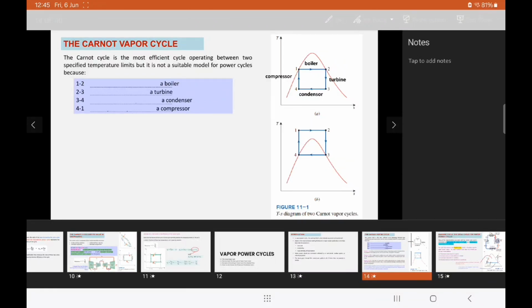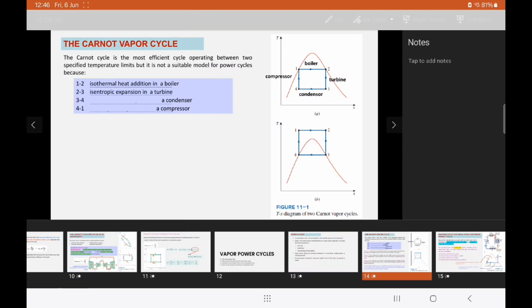Okay, let's look at Carnot vapor cycle. As we know, Carnot cycle is the most efficient cycle operating between two specified temperature limits, but it is not a suitable model for power cycles. Let's look at each of these processes.